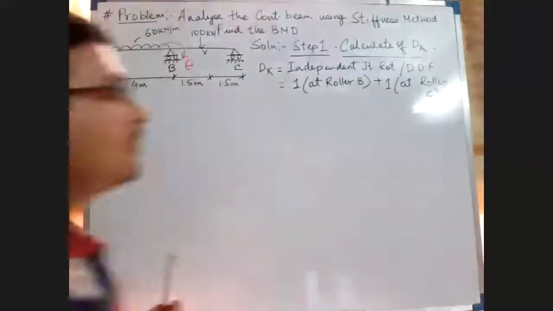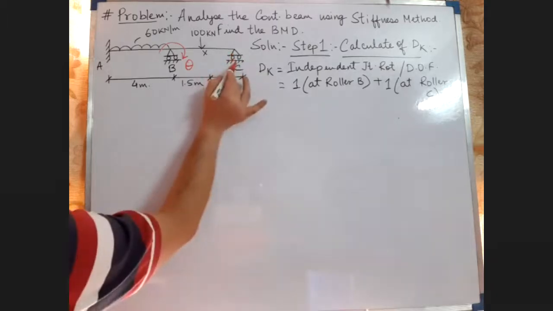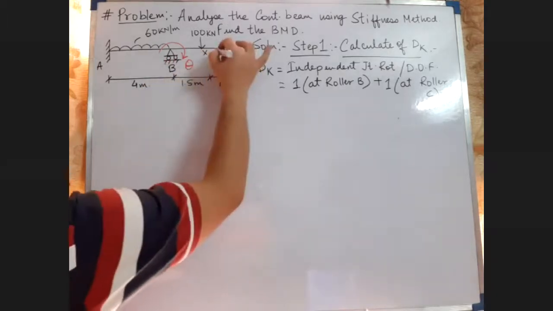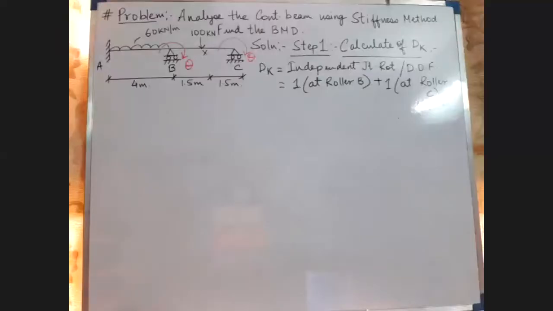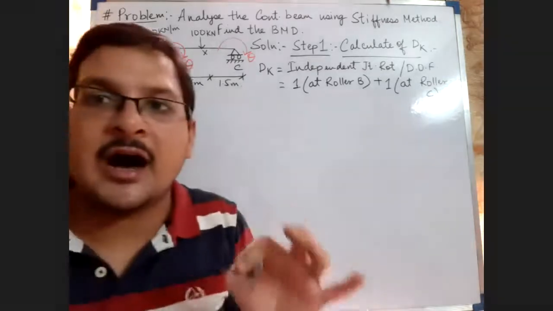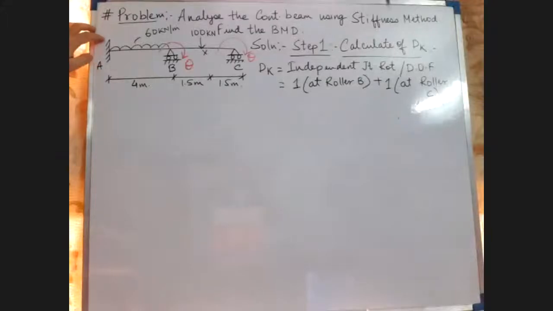See, finding out degree of kinematic indeterminacy is very important. At C we have roller support and at B we have roller support, so I can have another rotation at point C. Why not A? A is a fixed end, so at the fixed end, all sorts of movement are restrained.